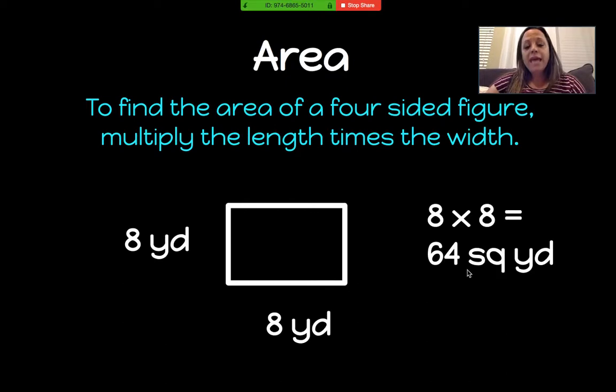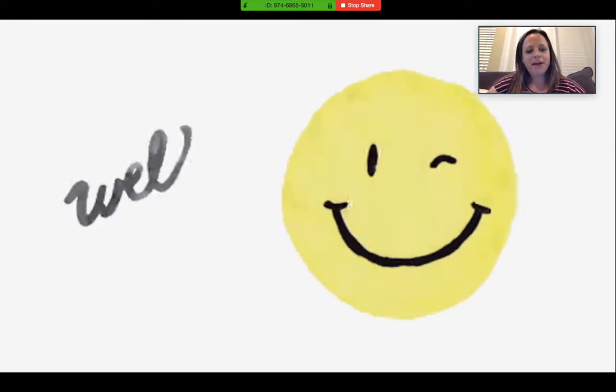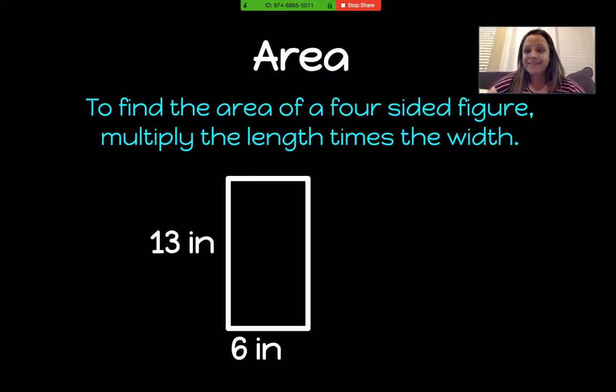If you forget the SQ for square, it would be wrong. You could write out the word square. That's fine. Or sometimes you might have seen a little number 2 in the air, like right where my cursor is. That also means square. And I think you'll use that more in 6th grade. But just in case you run across it. All right. Well done, you guys.